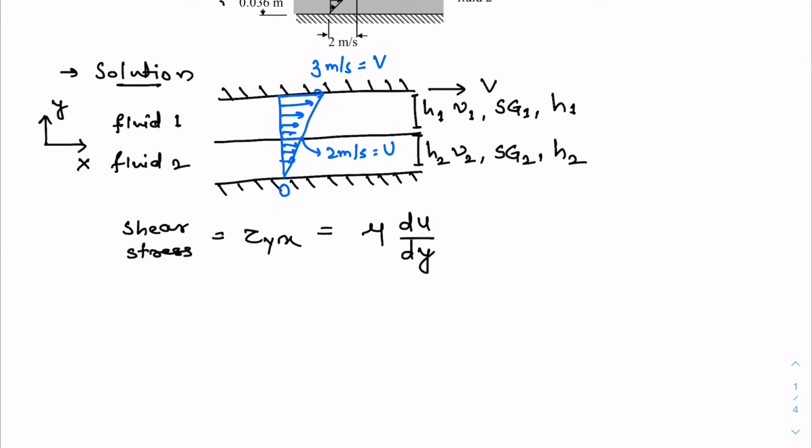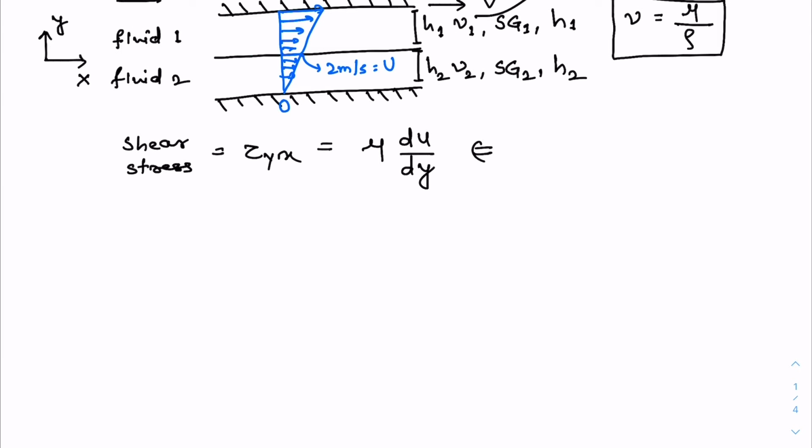But again, in this problem, we are given the kinematic viscosity, and kinematic viscosity is nothing but the ratio of dynamic viscosity and the density.